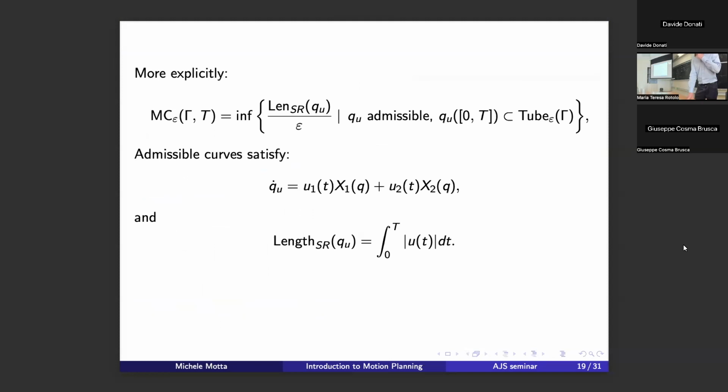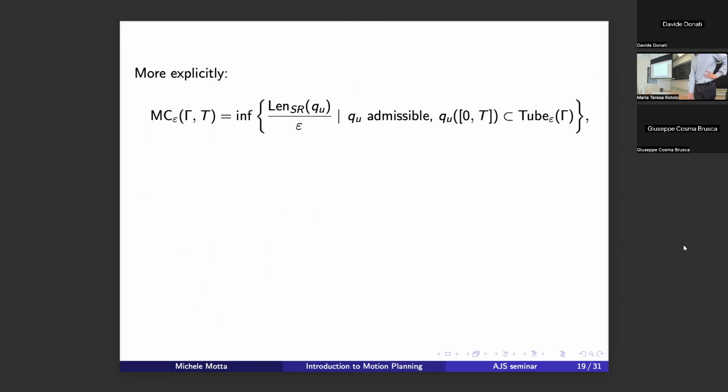In the work of Gautier, it is the Riemannian length of the curve. And in your case, it's also the L1 norm of the control? Yes, which is not really the length.